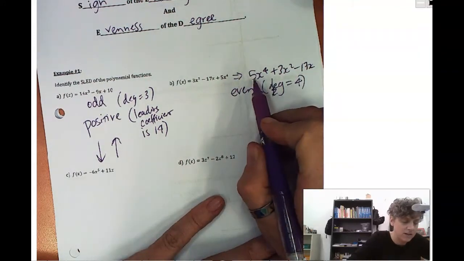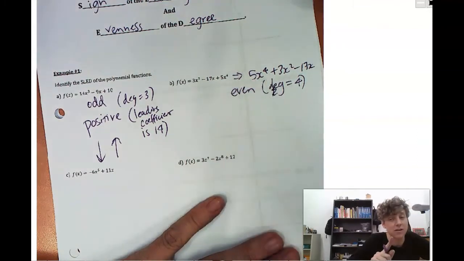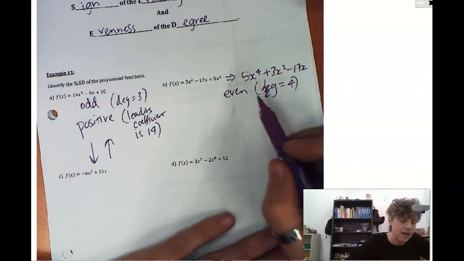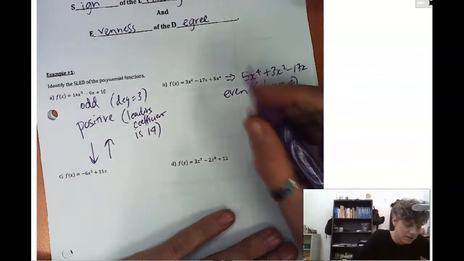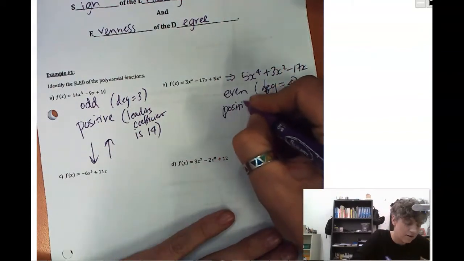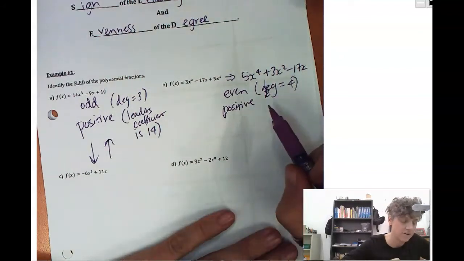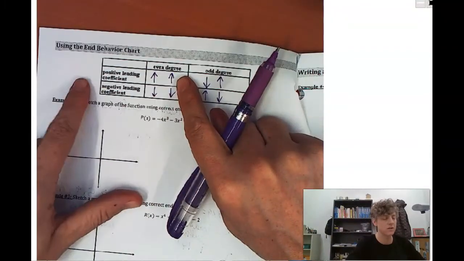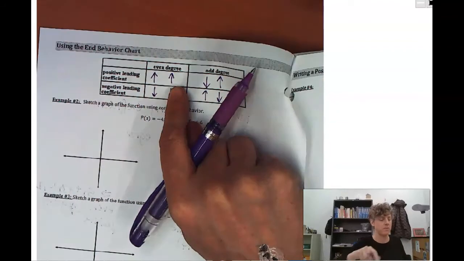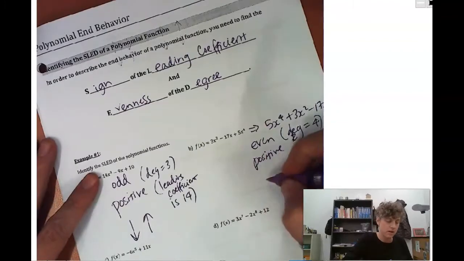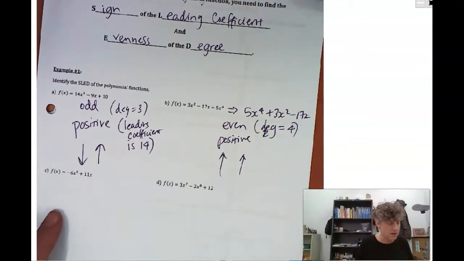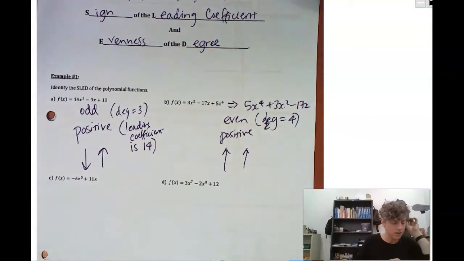And the sign of the leading coefficient. That's a good thing we put in standard form. Otherwise, we might have done something goofy here. 5 is a positive number, so this is a positive even function. Let's look at our chart. What's a positive even function look like? Even function, positive leading coefficient. Both ends are going to go up.